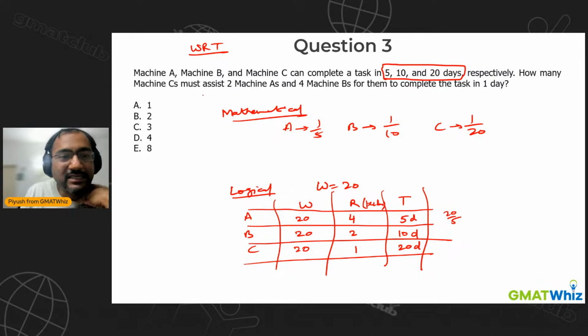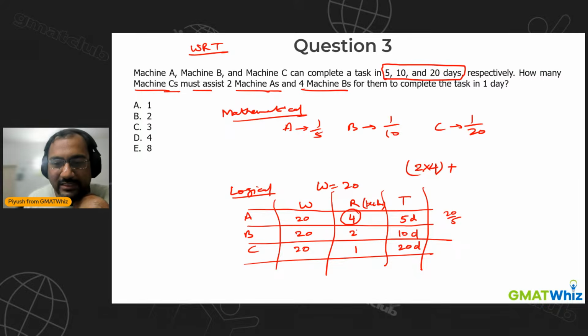So if you see, the question is asking, how many machine C's must assist 2 machine A's? So I know for sure there are 2 machine A's. Now, what is the rate of machine A? It is 4. So in one day, 2 machine A's will do 2 into 4 units of work, plus 4 machine B's. Now, 1 machine B does 2 units of work, so 4 machines will do 4 into 2 units of work.